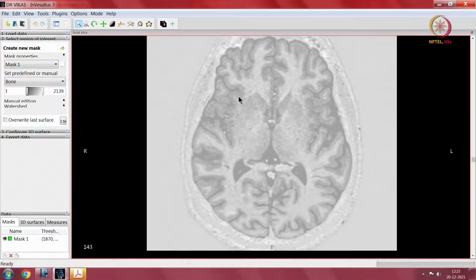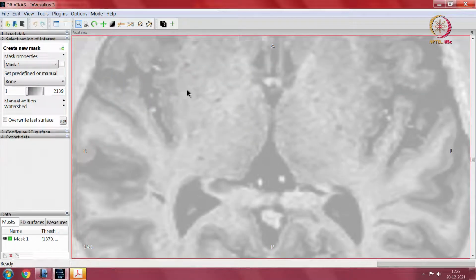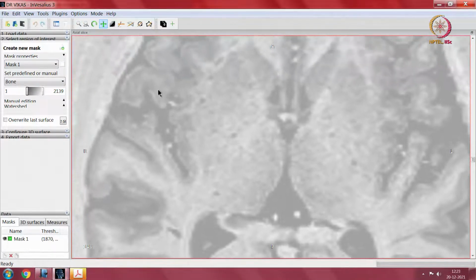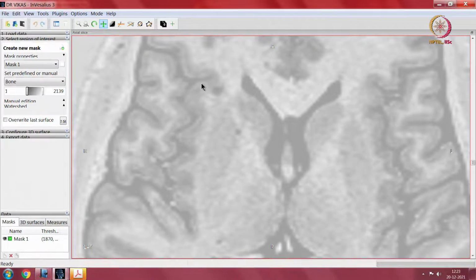Another thing which I would like you to appreciate is this small gap here. Small gap here, and that gap is the insular cortex.